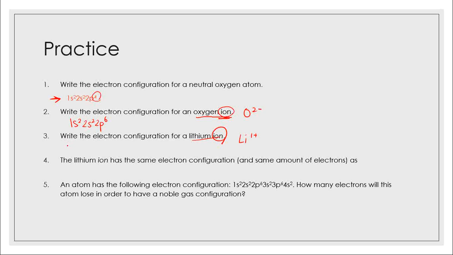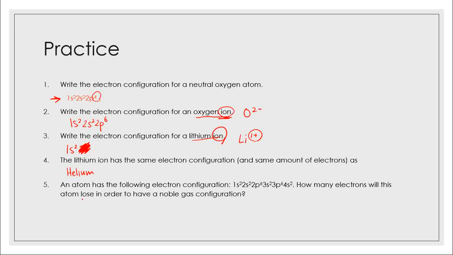If originally lithium is 1s2, 2s1, that 1 plus means that 1 electron goes away. So really it's 1s2. So the lithium ion has the same electron configuration and the same amount of electrons as what element? If you said helium, that is correct.